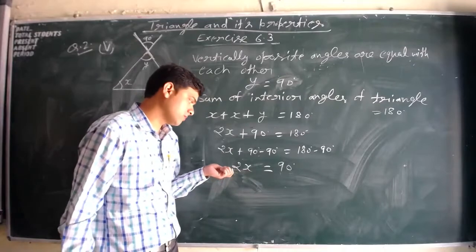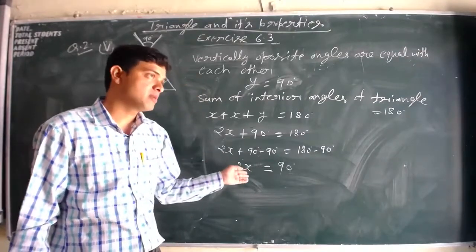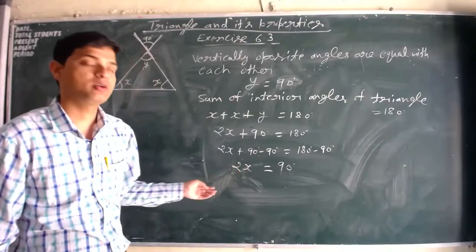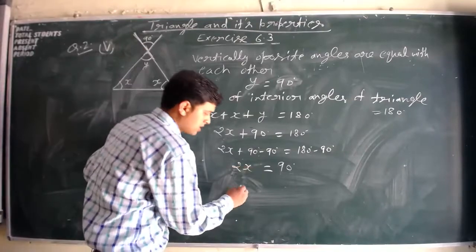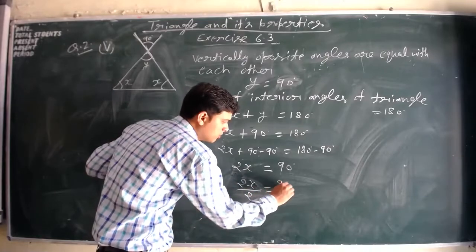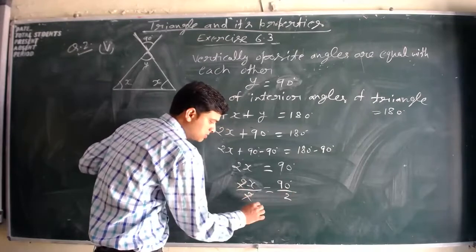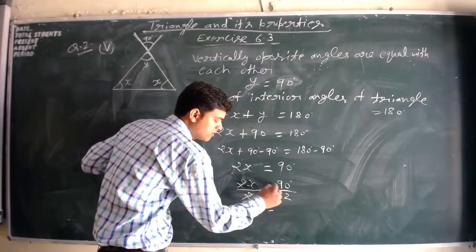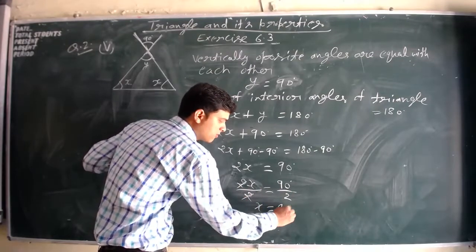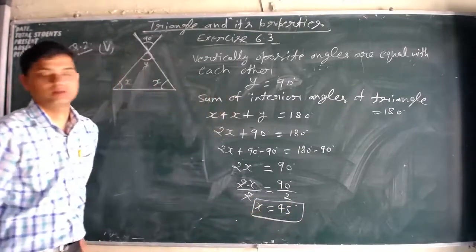For this we have to eliminate 2. Since 2 is multiplied with x, we divide both sides by 2. The 2s cancel out. x is equal to 90 divided by 2, that is 45 degrees. That's your answer.